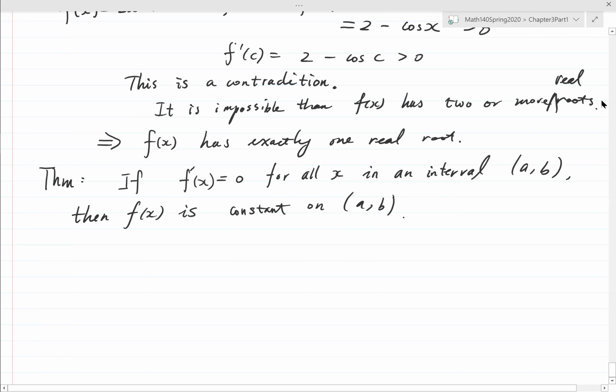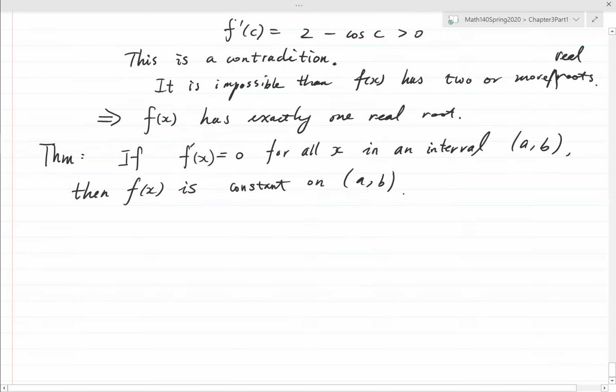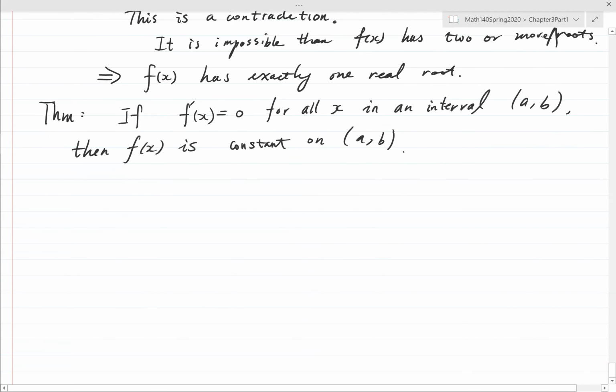There's some subtlety here, so you should be really careful. This is only true if we are talking about one connected interval a to b. As long as it's a connected interval a to b, it's true. In general, it can be wrong.